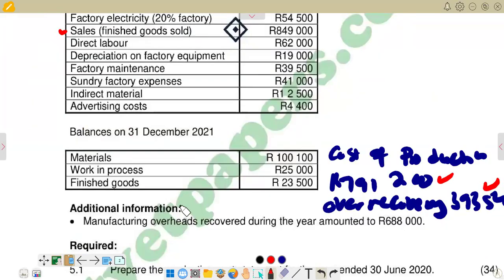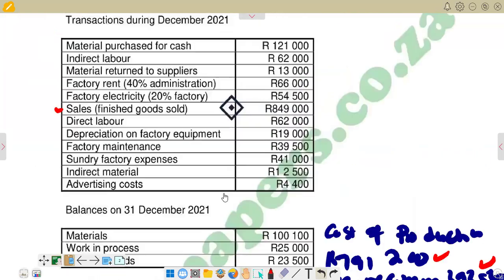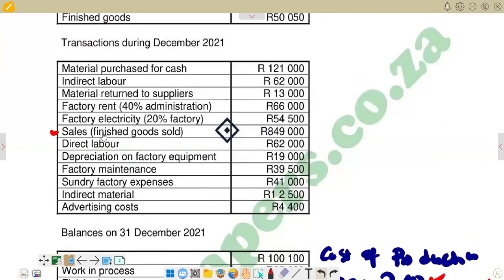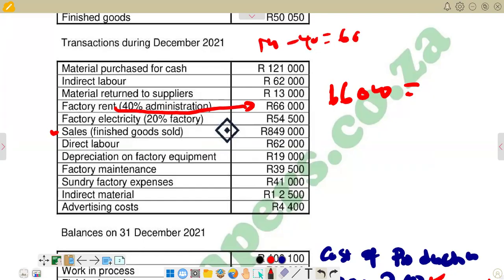If you come here, you see that we have got other expenses that are given as proportions. We have this one, factory rent. Remember the factory rent that we are given, 66,000, represents factory rent. Remember, the 40% is administration, which means 100 minus 40, you get 60. So 60% is your factory, which means 60% is representing 66,000.